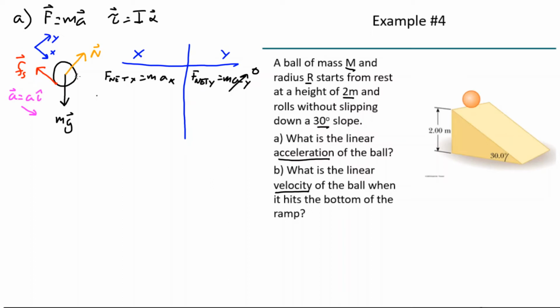We've done this problem enough times that we know this is just mg sine theta minus the static friction force equals ma. And in the y direction, we have the normal force n minus mg cos theta equals 0.